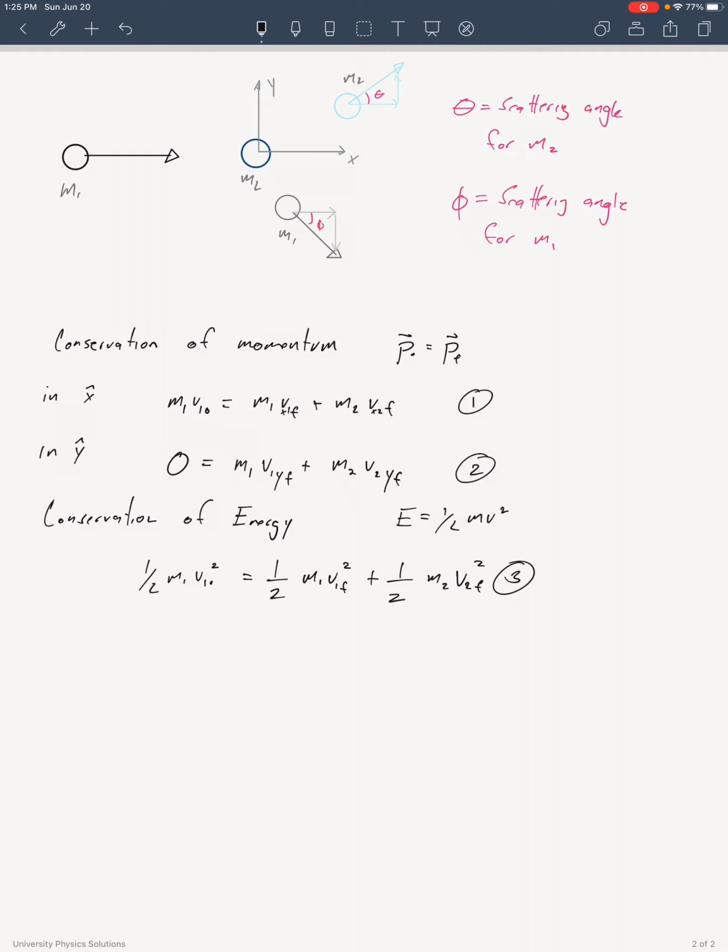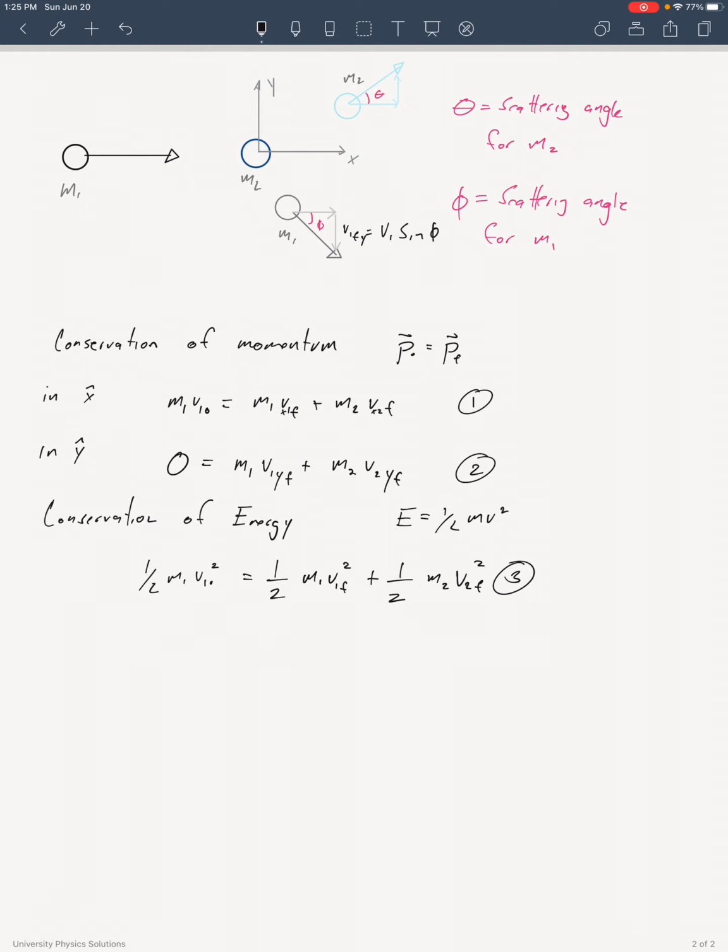Now I can go ahead and find what these components are, the x and the y components, after the collision, because I have my scattering angles. Alright, so for instance, for m1, I see that v1 final in the y direction has to be equal to v1 sine of phi.